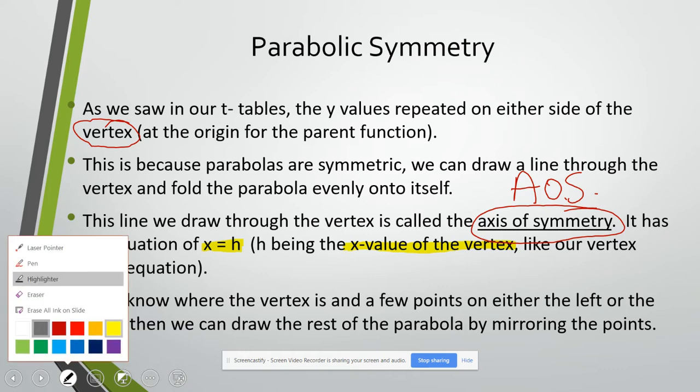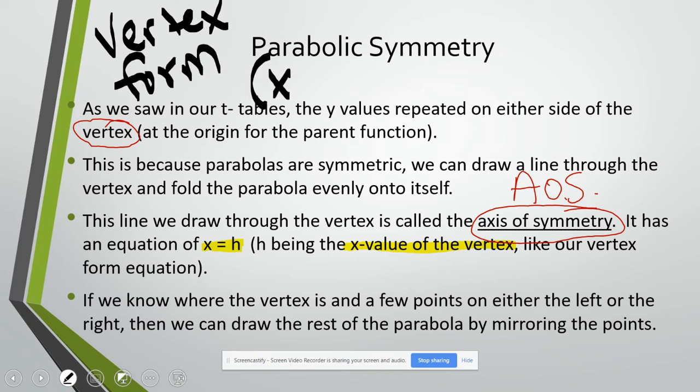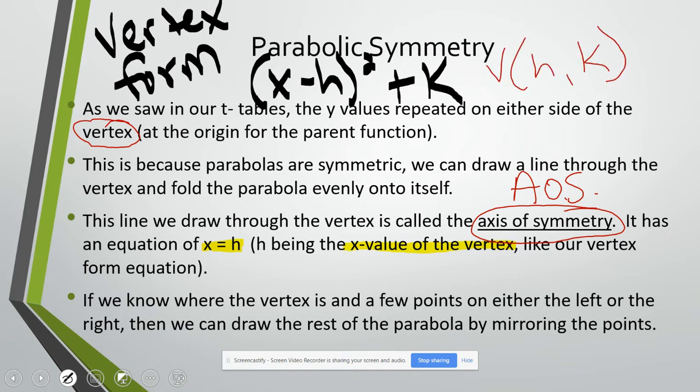So I'm going to remind you again of vertex form, which was x minus h squared plus k, where our h, k is our vertex. So whatever this value is, not only gives us our vertex, but it also gives us our axis of symmetry.